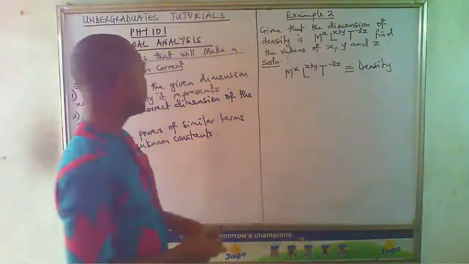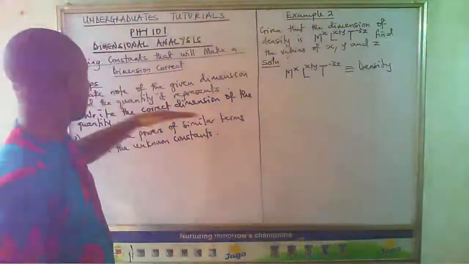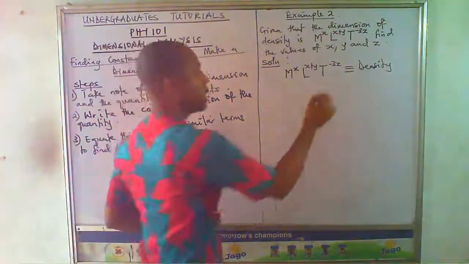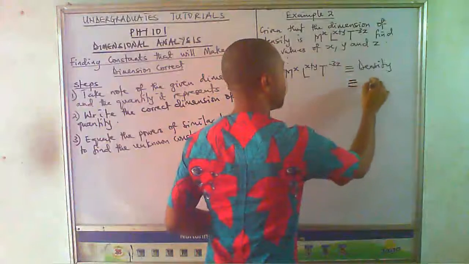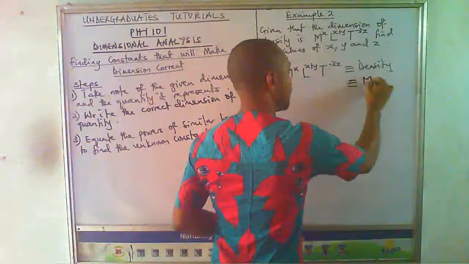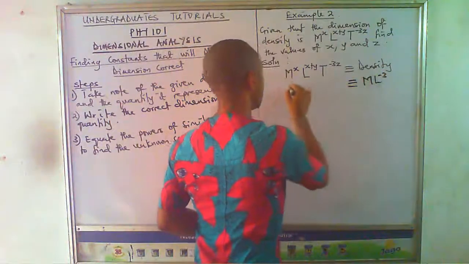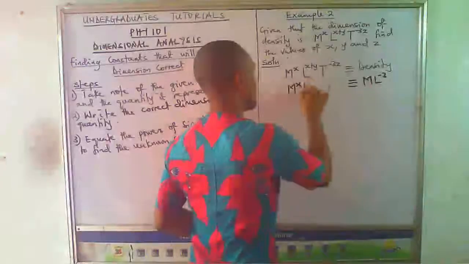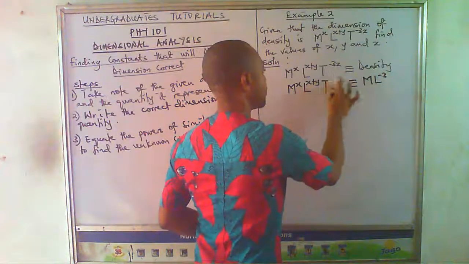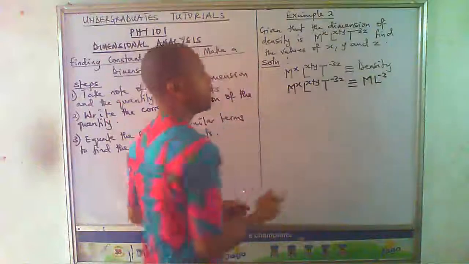Now, they say write the correct dimension of the quantity. We know that the dimension of density is mass per length cube.